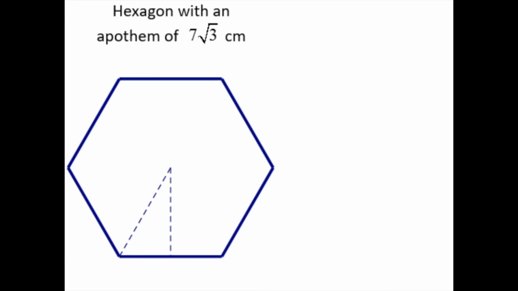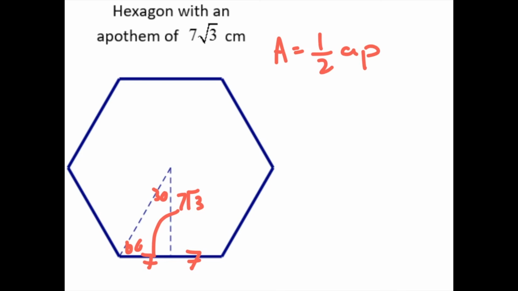All right, this time we get an apothem of 7 root 3 in a hexagon. That's the long side of the 30, 60, 90 triangle. So we would divide by root 3, which gives us a nice number like 7. So actually we're ready to go at this stage. The area equals 1/2 the apothem times the perimeter.